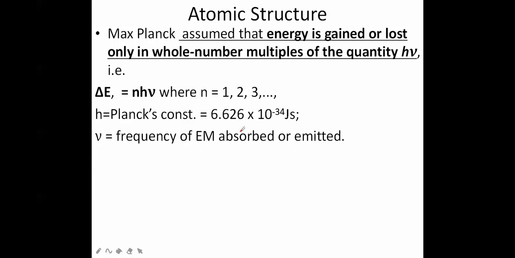This simply means a change of energy from one value to the next is a whole number multiple of a constant. So we'll say the change, or gain or loss, in energy is equal to n multiplied by h, which is Planck's constant, multiplied by v, which is the frequency. That is Planck's equation.